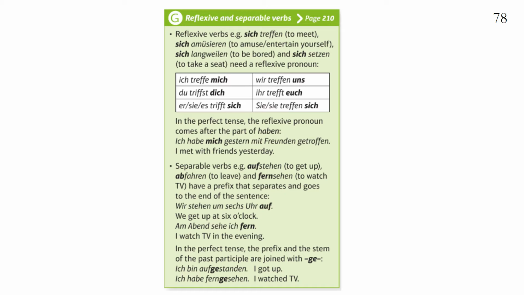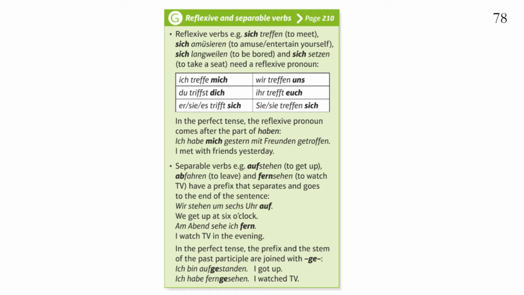And there's a table there showing the different parts. So, for instance, ich treffe mich, du triffst dich, sie, es trifft sich, wir treffen uns, ihr trefft euch, sie treffen sich.